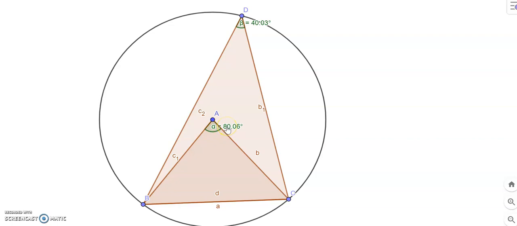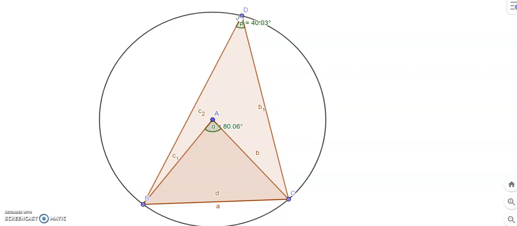So how do we give the reason for this? So we say that the angle subtended by the chord, you see, the chord is BC here, or the arc BC, which is the minor arc, to the center, the angle at the center here is twice the angle subtended by the same chord or arc to the circumference.